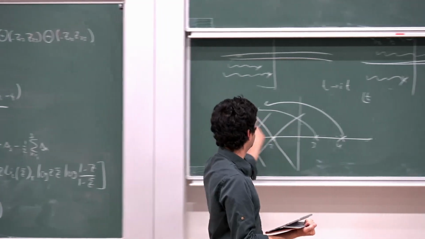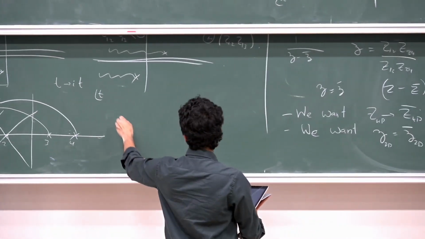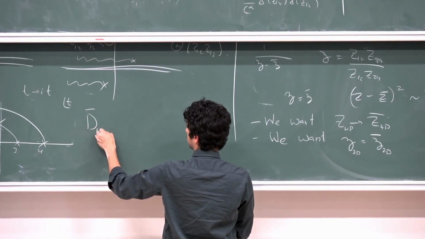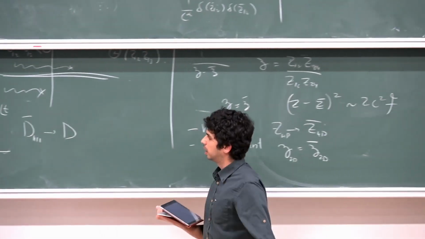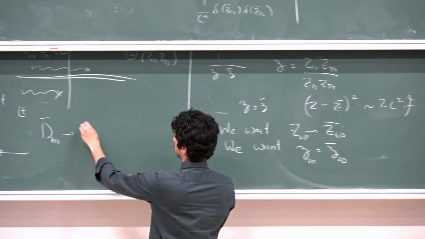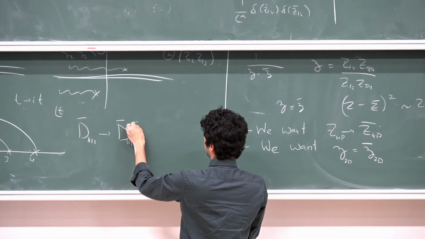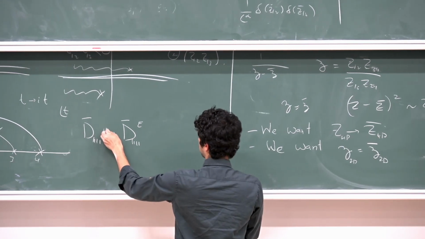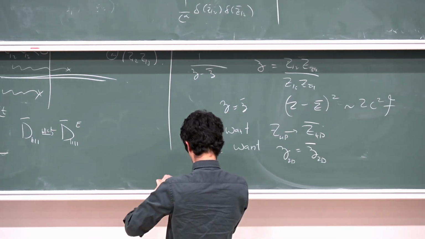So once you do this Wick rotation and account for all the monodromies, you will find that this actually picks up an extra piece which is singular.